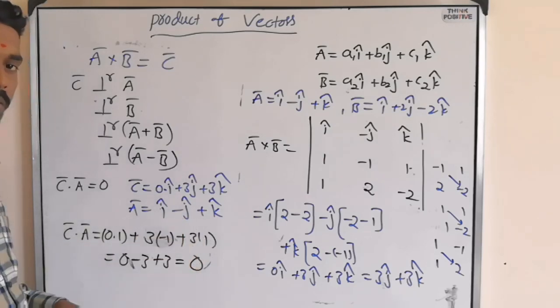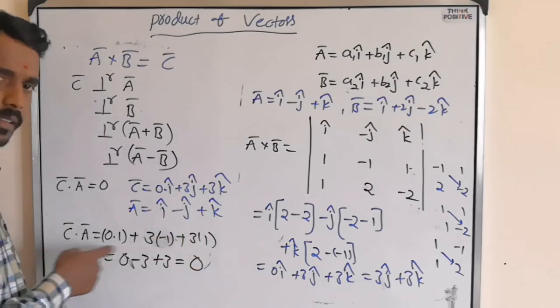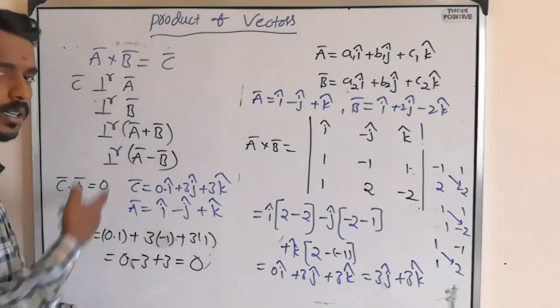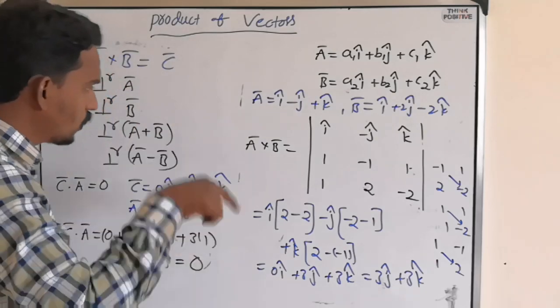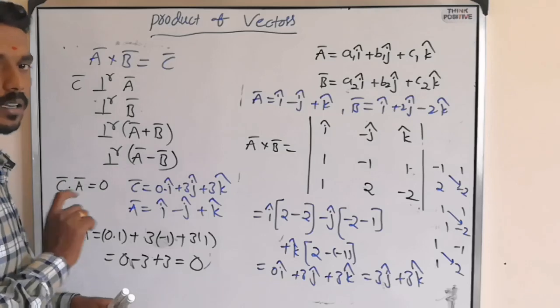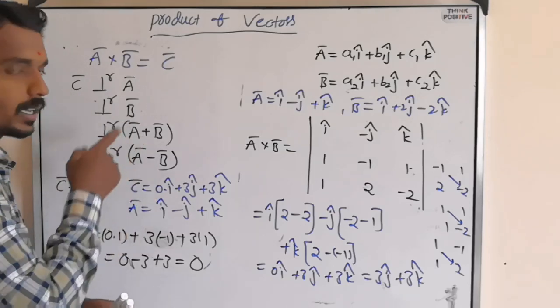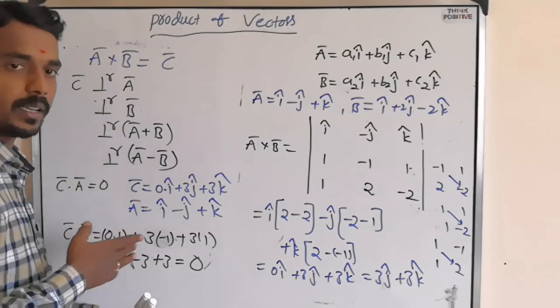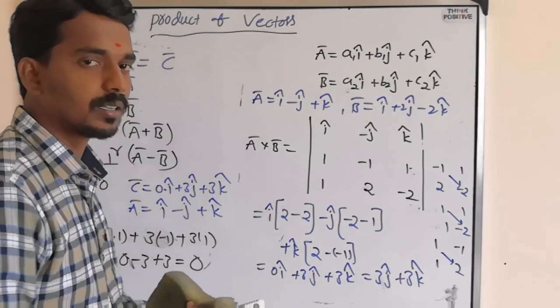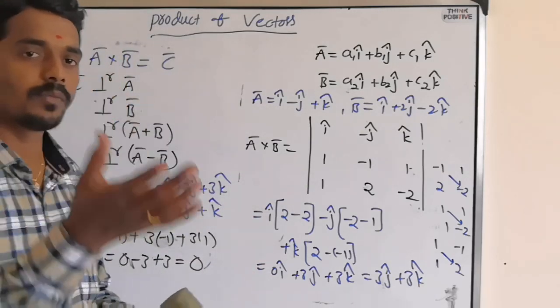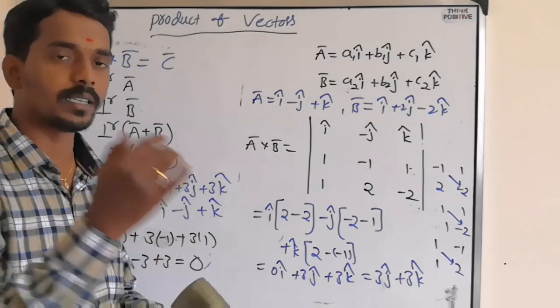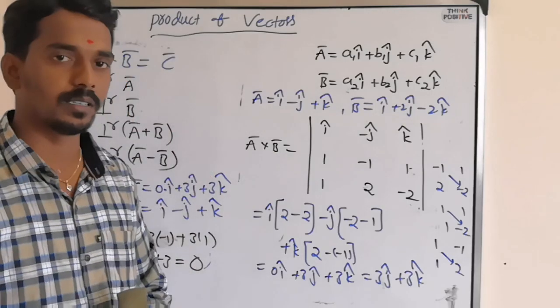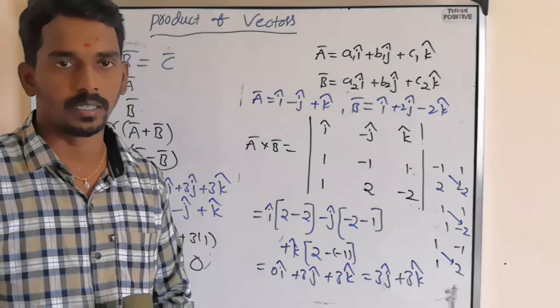How much? 0. So got it. C dot a is 0 means c bar is perpendicular to a bar. In a similar way, you check on your own c bar dot b bar, and c bar dot a bar plus b bar, and verify whether you are getting dot product 0 or not. That is your first homework assignment after completion of the lecture. Then you attend your assignment.